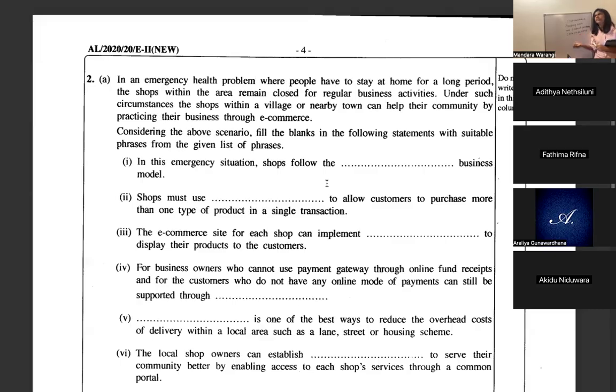So they were group purchasing masks. To reduce the overhead cost of delivery, you can use group purchasing.